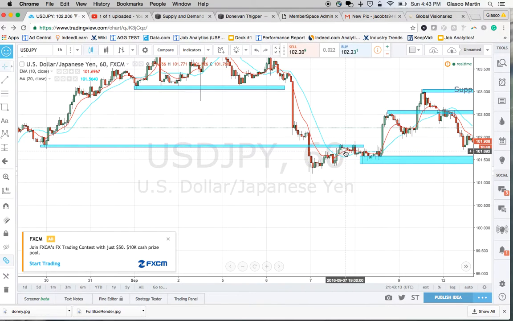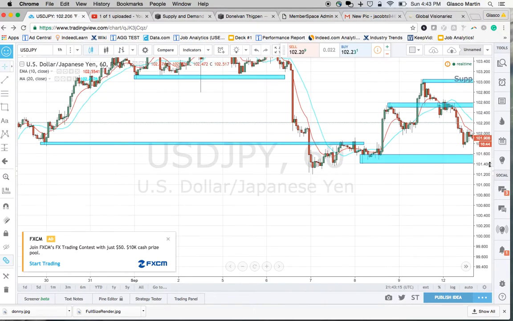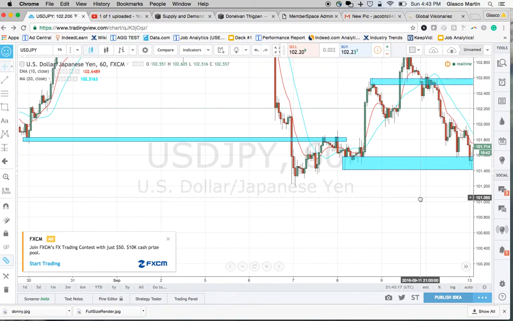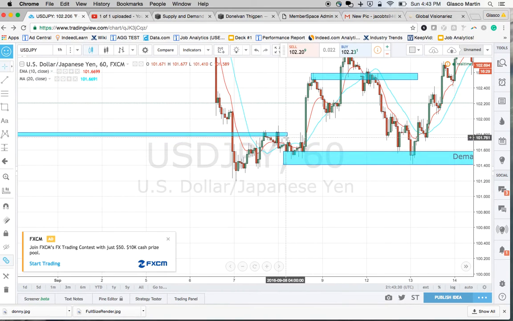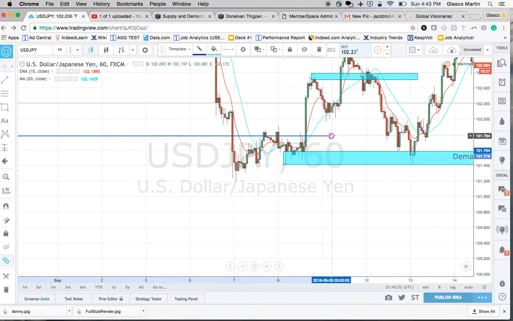It broke through, and then you could have waited for a sell right here. You could have got in on this candle because it respected it, and then it ended up dropping. Or you could have got in on this candle. The market didn't really drop too much because it was on a bullish movement after that, but that was still a sell right there. And then you could still draw this to the future.